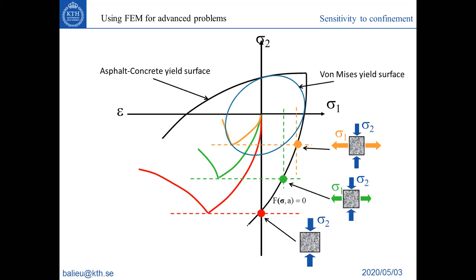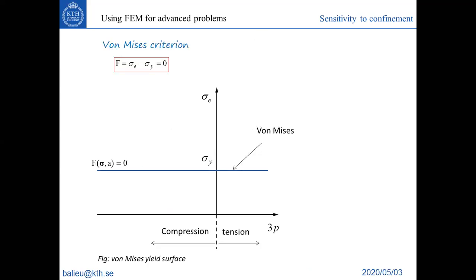So let's plot the von Mises stress surface on another graph. This was the von Mises criterion that I presented you last week.